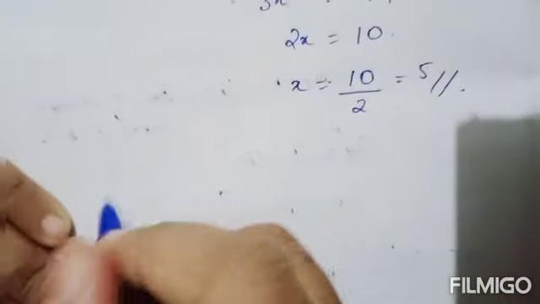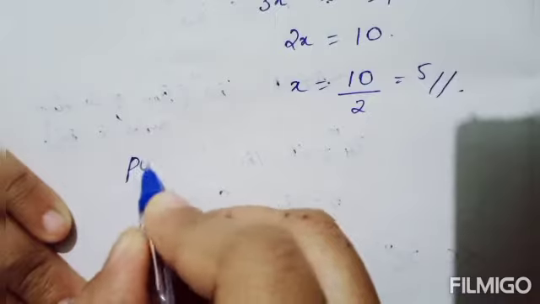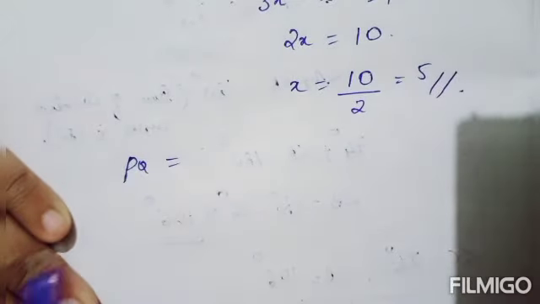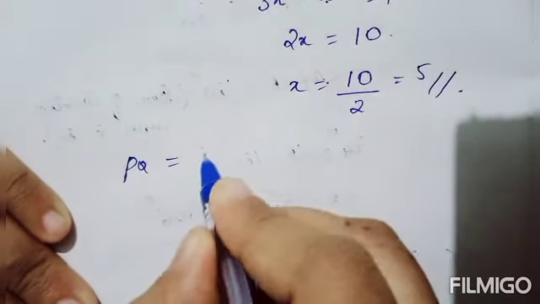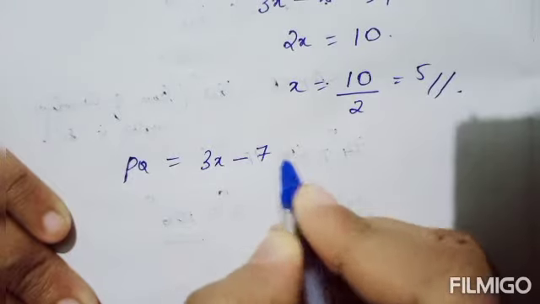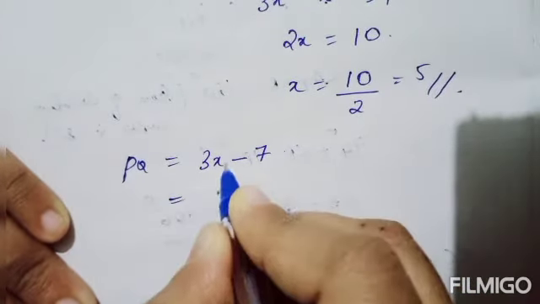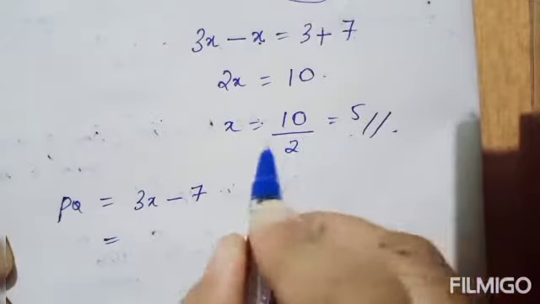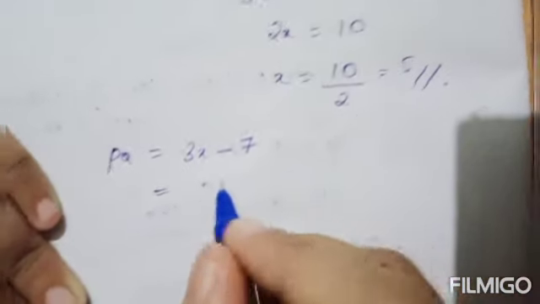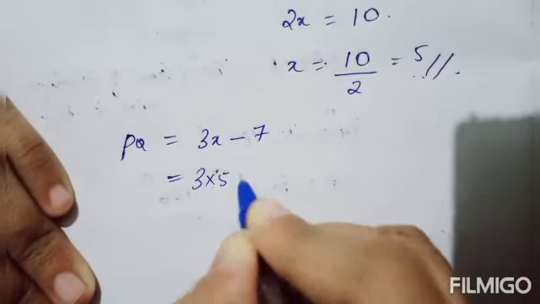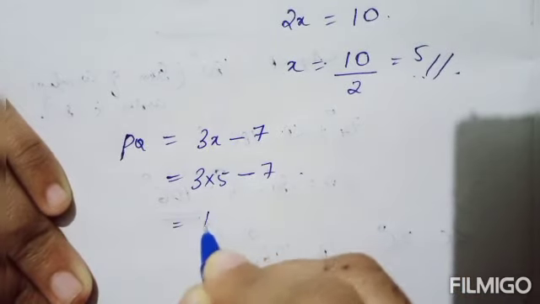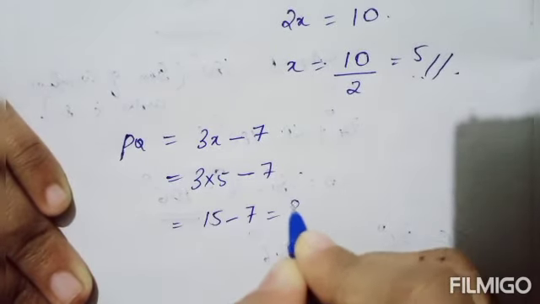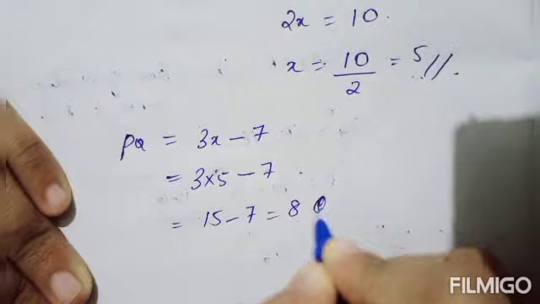Now you can find the side PQ. PQ equal to 3x minus 7 is given. In place of this x you can substitute 5. We got x equal to 5. So 3 into 5 minus 7. That is 15 minus 7, you will get 8 units.